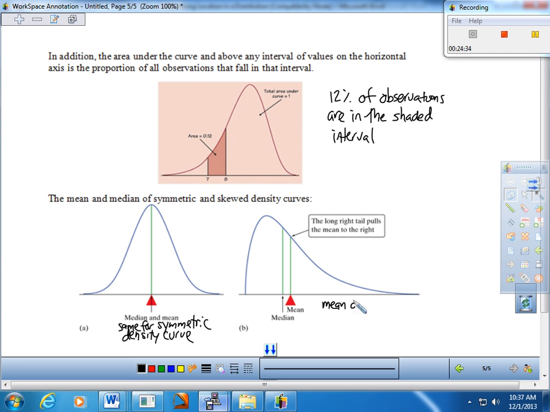So the mean of a skewed curve is pulled away from the median, really in the direction of the tail, the way it is skewed, of course. Again, I think we had already developed that conclusion. Just good to kind of take a look at with these density curves and see it more visually.